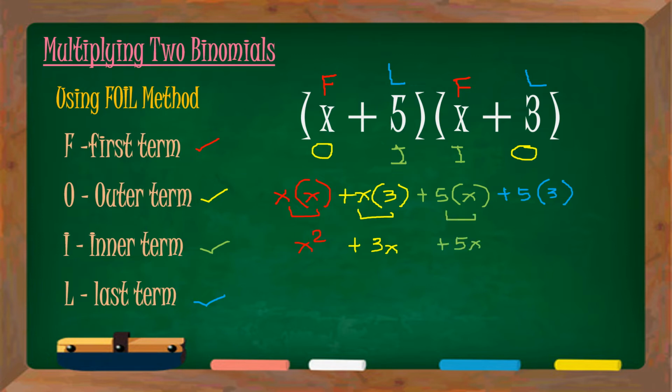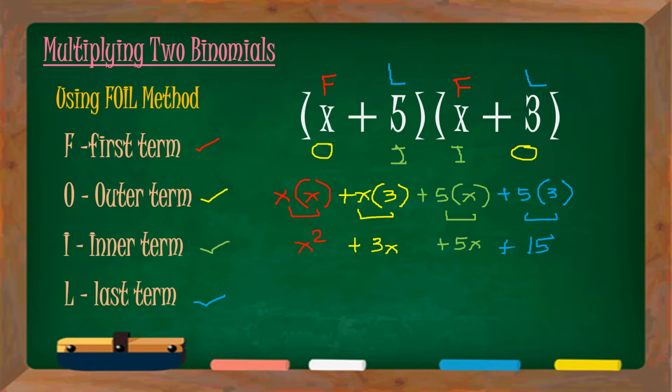Kapag minultiply ang number or ang constant sa variable, pinagtatabi lang natin siya. Laging tatandaan na nauuna lagi ang constant kaysa kay variable. Then, we have positive 5 times positive 3 is equal to positive 15. Okay?